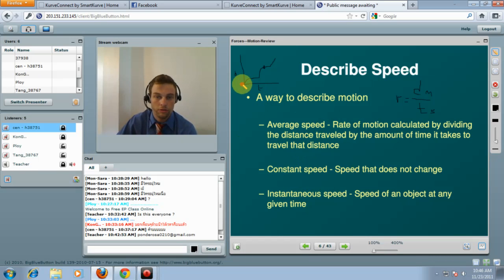The first is described by a straight line, and is just the total. You could write it as v equals d over t, where v_a is average speed.